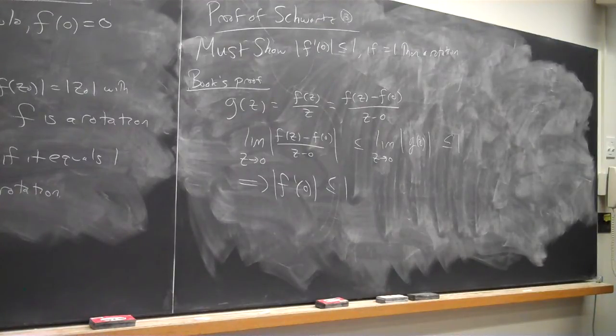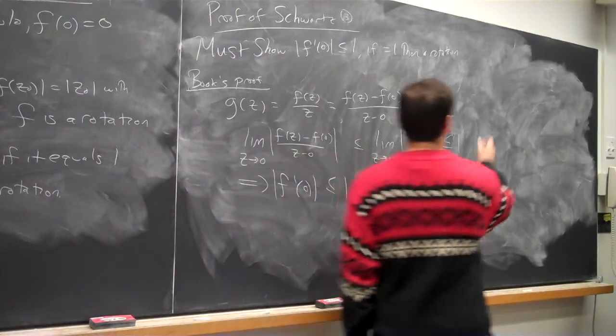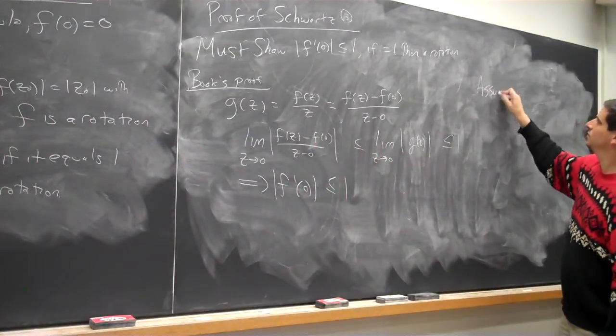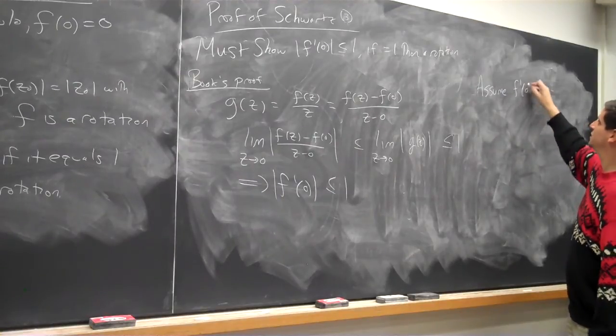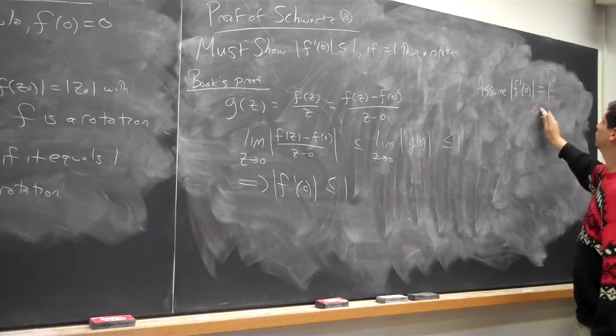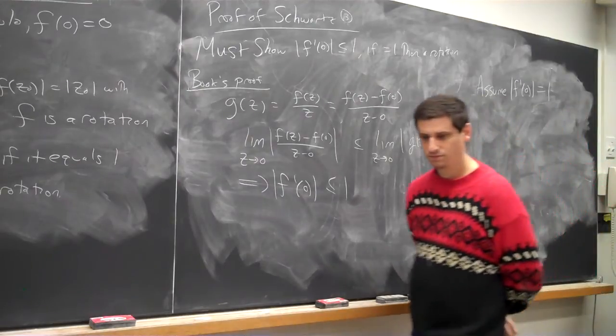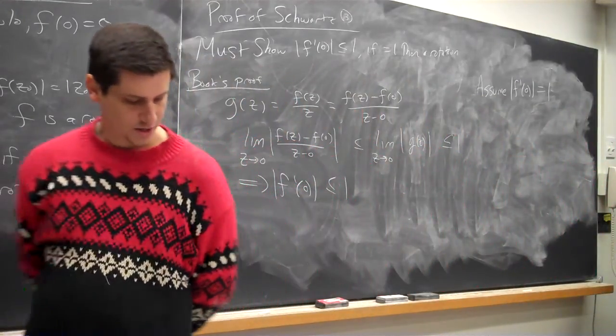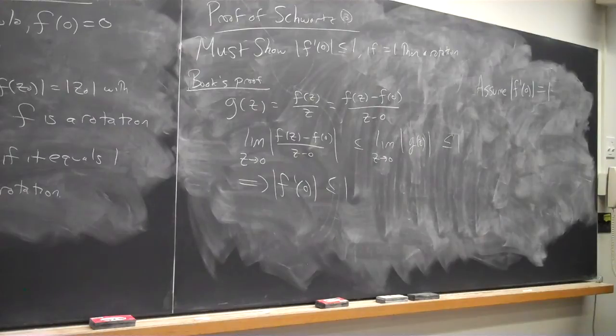What would it mean if it equals 1? Assume the absolute value of f prime of 0 equals 1. What can we deduce?